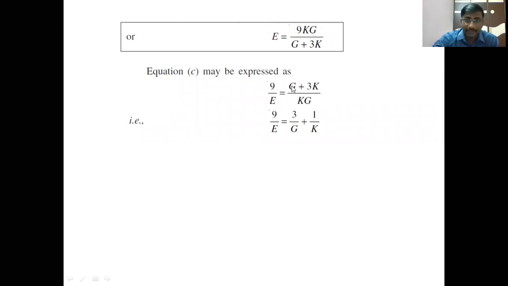G and G cancel, 1 by k, and k and k cancel, 3 by G. So 9 by E is equal to 3 by G plus 1 by k. This equation represents the relation among the three elastic constants: Young's modulus, rigidity modulus, bulk modulus. Clear, students?